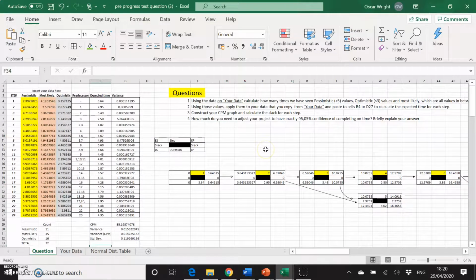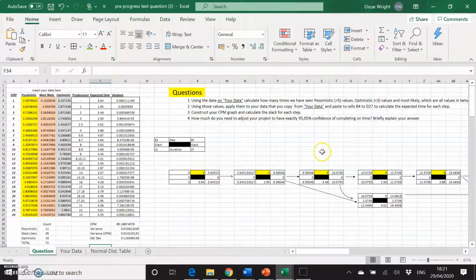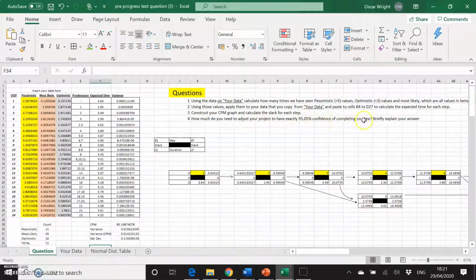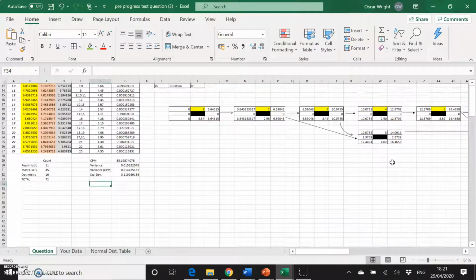Right. So now we have this data, we need to look at question 4, which says how much do you need to adjust your project to have exactly 95.05 confidence of completing on time.